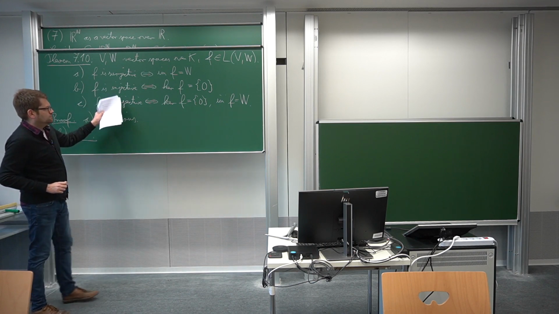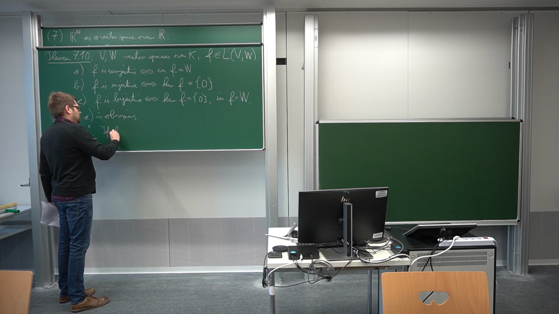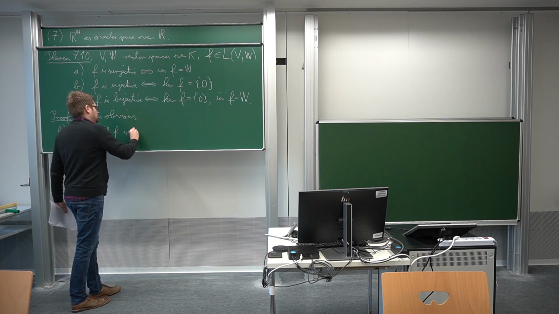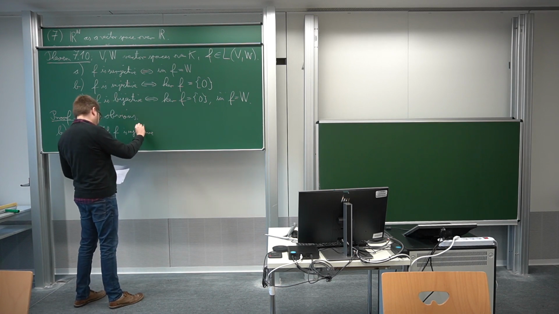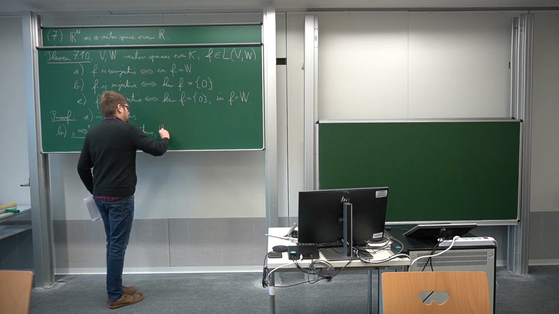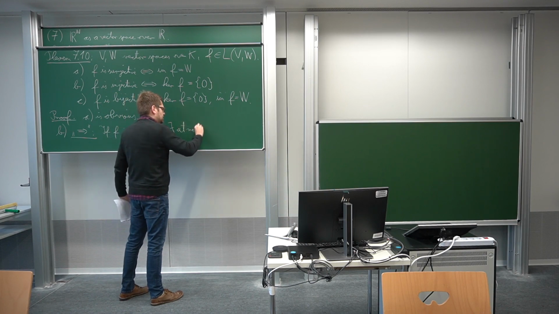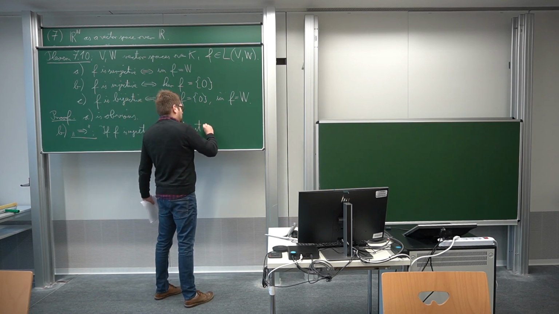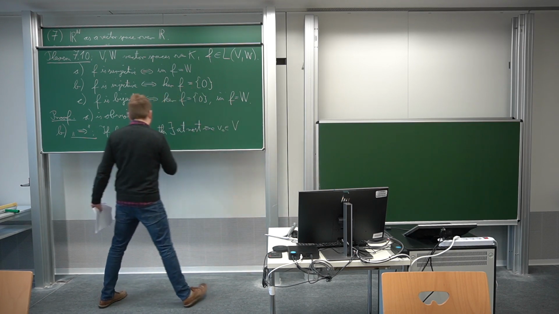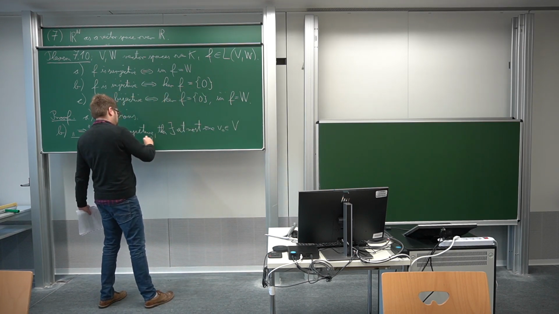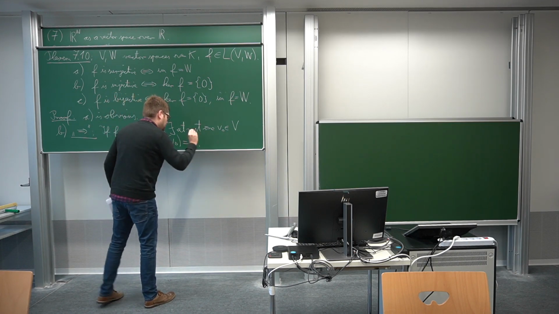If F is injective, then there is at most one vector which goes to 0. This is just what injectivity means. At most one vector, let's call it v0, with f of v0 equal to 0.